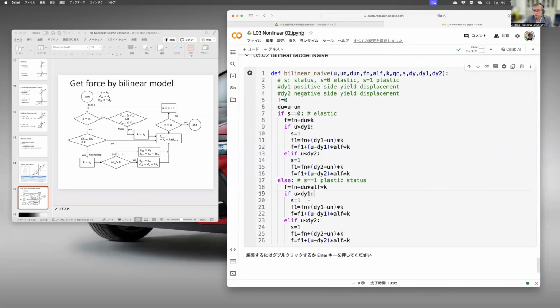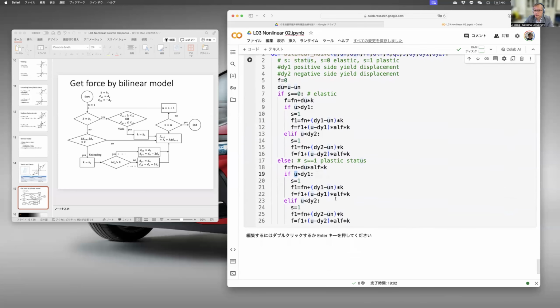And what we will check is whether du multiple dy is smaller than 0 or not. If so, we will do s equals 0 and fn equals fn multiple du multiple k. Calculate just like the elastic domain.